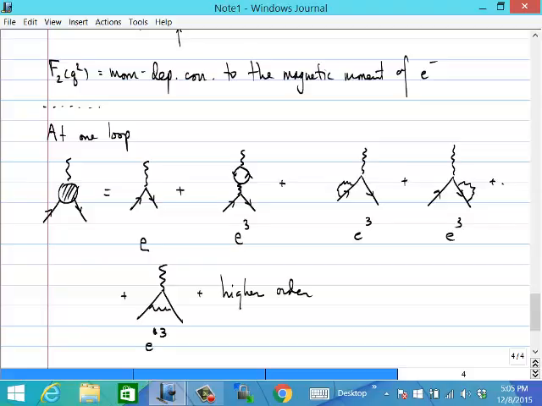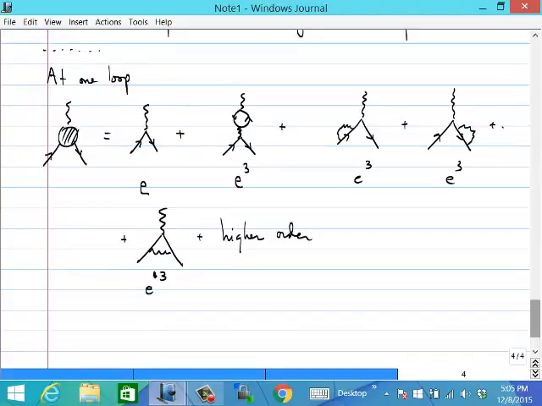Sorry about that. Okay. So these are various diagrams that can contribute at order e cubed. However, let's think about these various diagrams. If you looked at this diagram, you wouldn't think about that as a correction to the electron vertex.